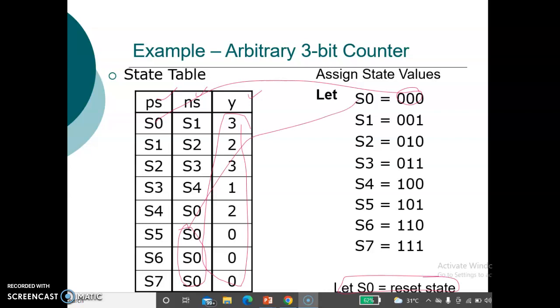Okay. S1 here for S1, then S2 here, S3 here, S4 here, S5, S6 here, S7.